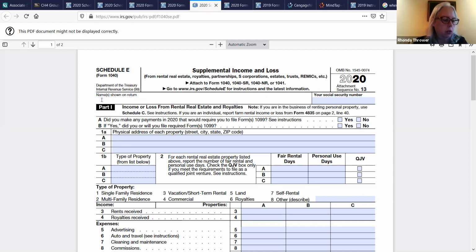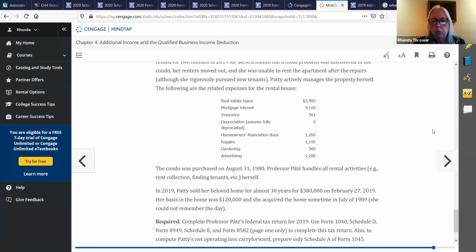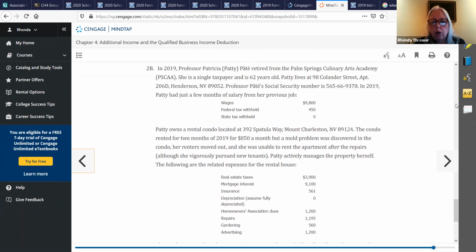And what you're going to need to do is record the name of the person that's going to be on the return, and that's going to come from your instructions. Your instructions, you should be able to see on your screen here, are for Patricia or Patty Pate, who is retired from Palm Springs Culinary Arts Academy.